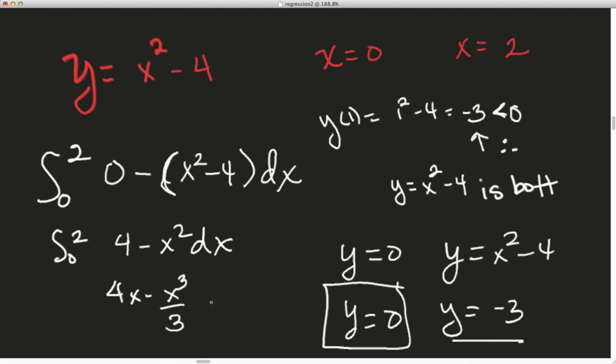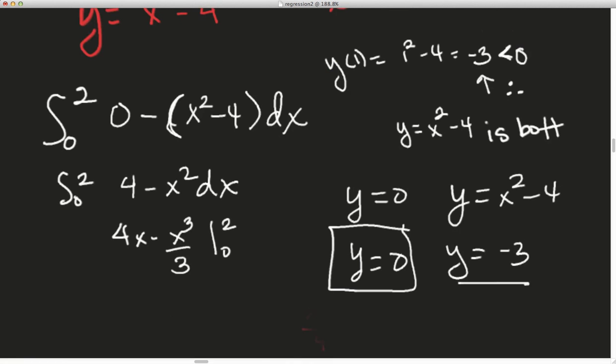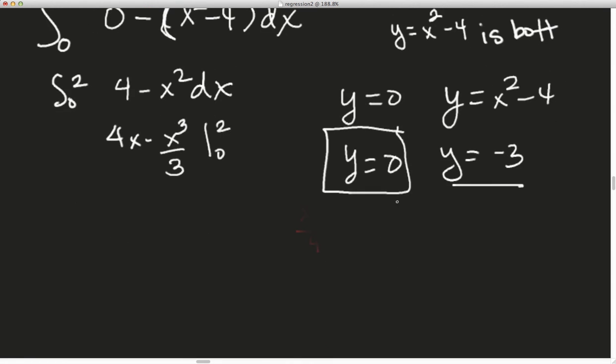And then between 0 and 2, which one do you plug in first? So it's going to be 8 minus 8 over 3. And then when you plug in a 0, you're going to get a 0 for the right side.